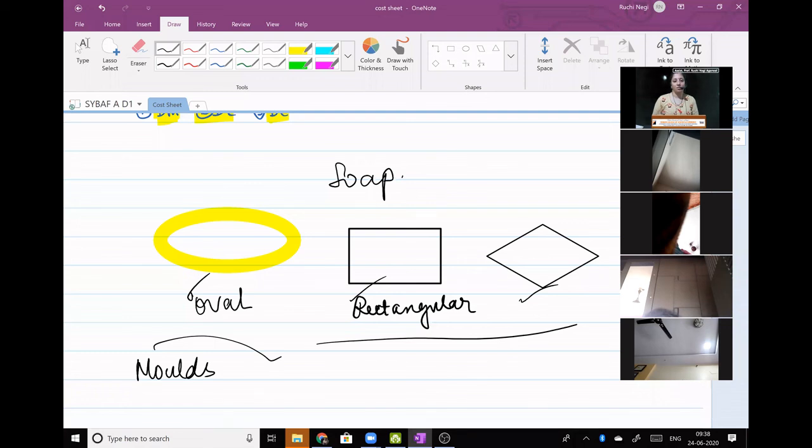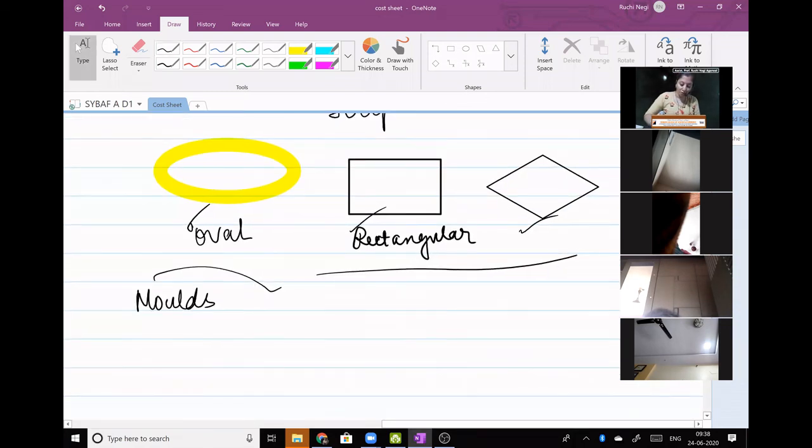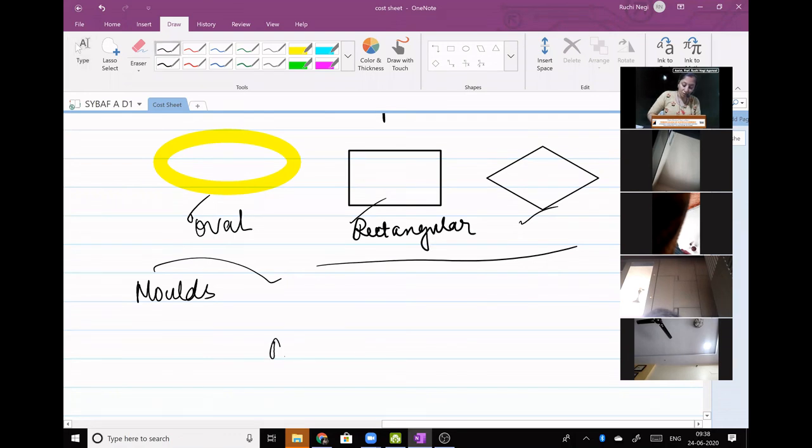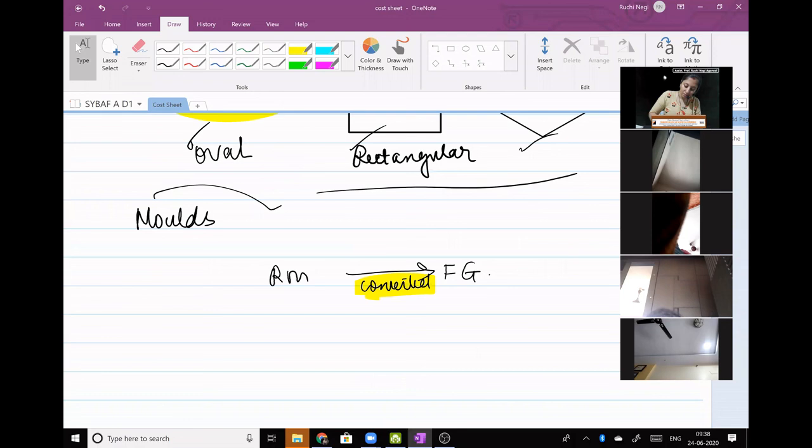If you remember the definition of cost, it says raw material converted into finished goods. This conversion indicates what? Change in the size, shape, color.